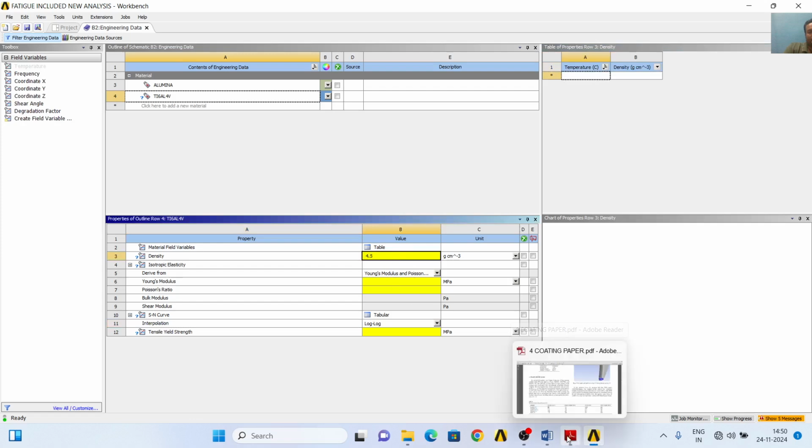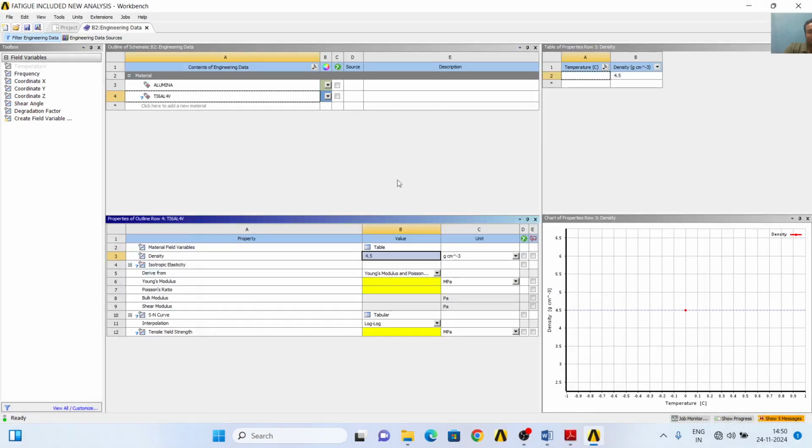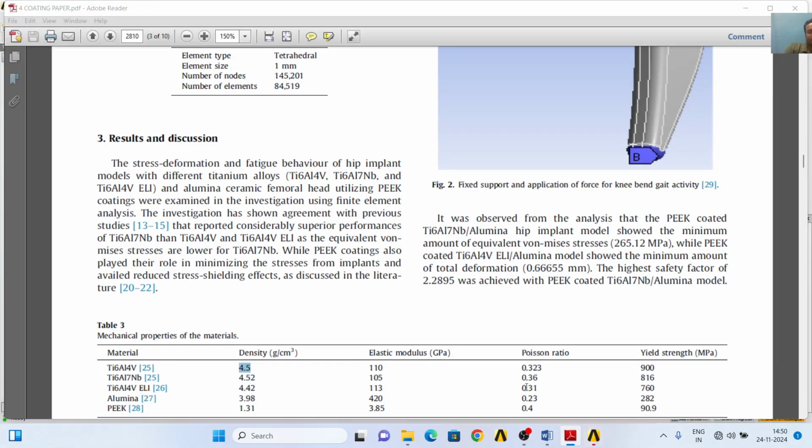Its Young modulus is 110 gigapascal, so I will add 3 additional zeros, making it 110,000 megapascal.